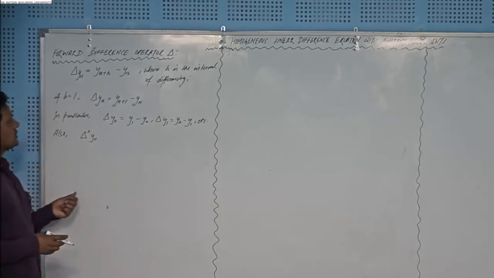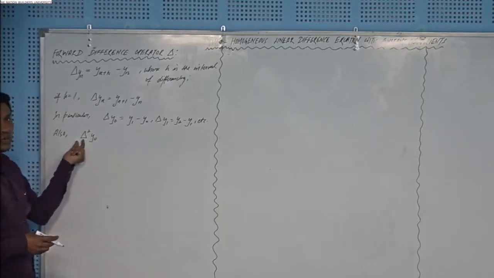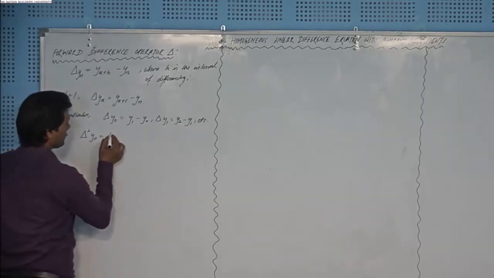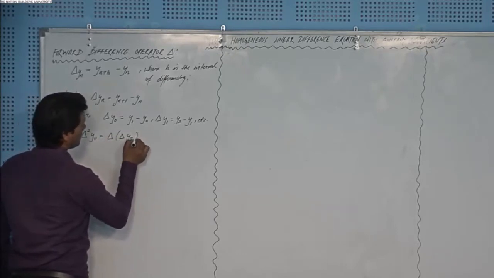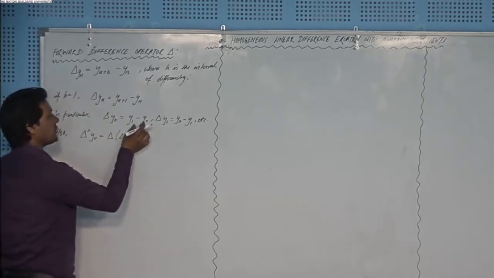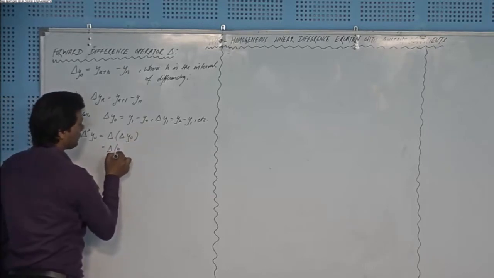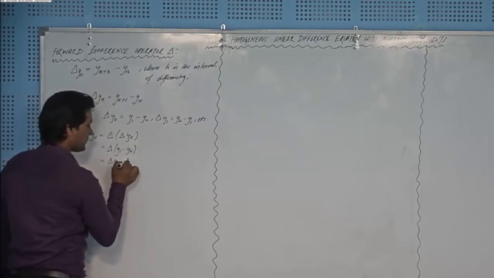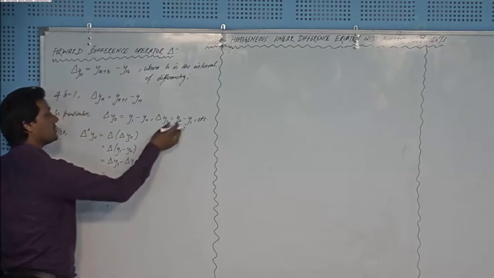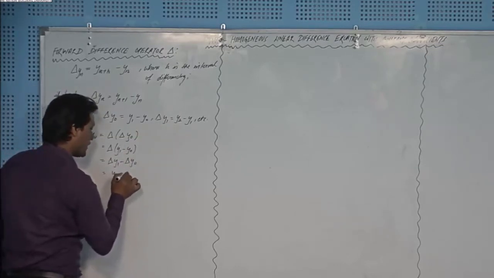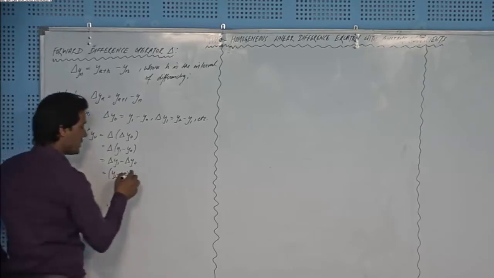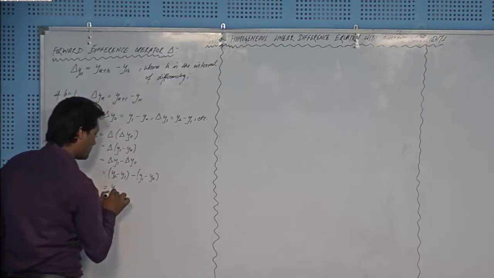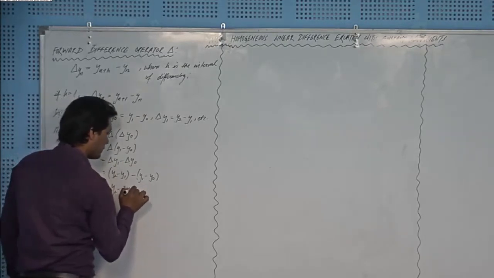Similarly you can operate this forward difference operator on a function once, twice, thrice, etc. Using delta y0 equal to y1 minus y0, and then taking this delta inside, and using delta y1 equal to y2 minus y1 and delta y0 equal to y1 minus y0, ultimately I will get y2 minus twice of y1 plus y0.